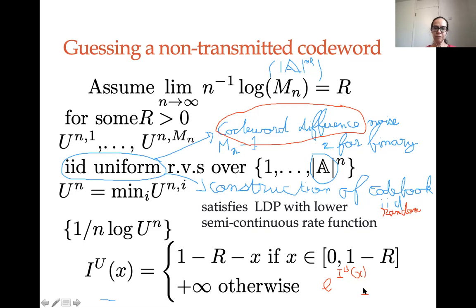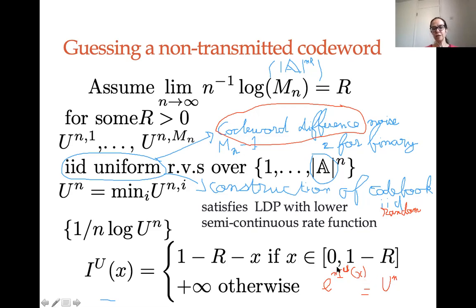Well, it would give me U of n, because I would have the exponent e and then the 1 over n. It's easier to do it this way: if I take e to the n I_U of x, then that gives me U of n, with the 1 over n.